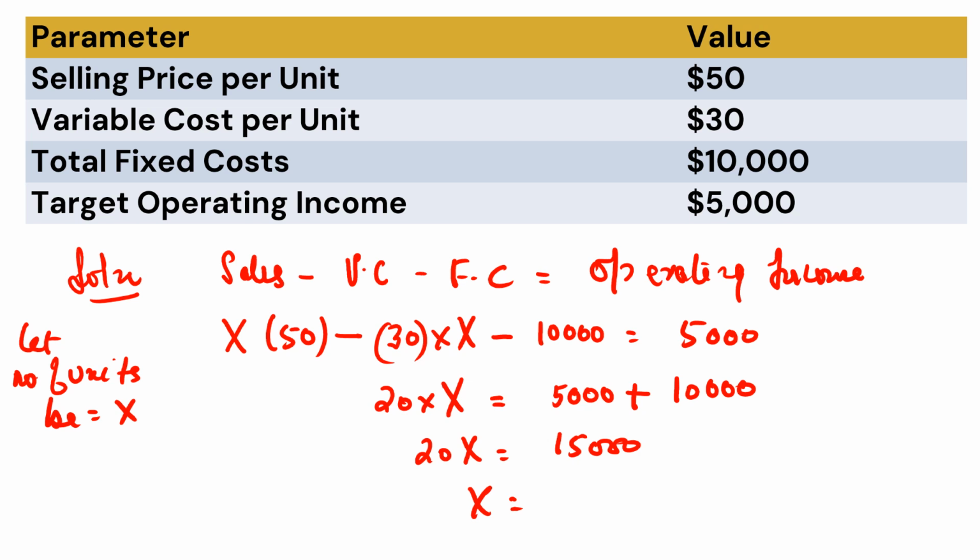So what is x? How many units you should produce in order to earn an operating income of 5,000? It will be 15,000 divided by 20, because it's getting multiplied here, there it will be divided. So how much is that? The zeros get cancelled. So 2 sevens are 14, 2 fives are 10, 750 units.